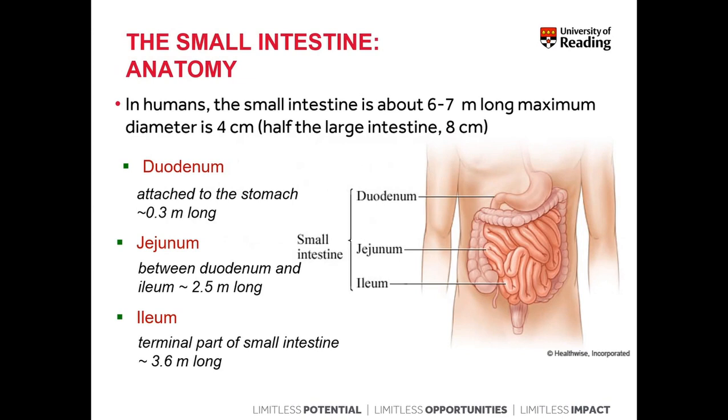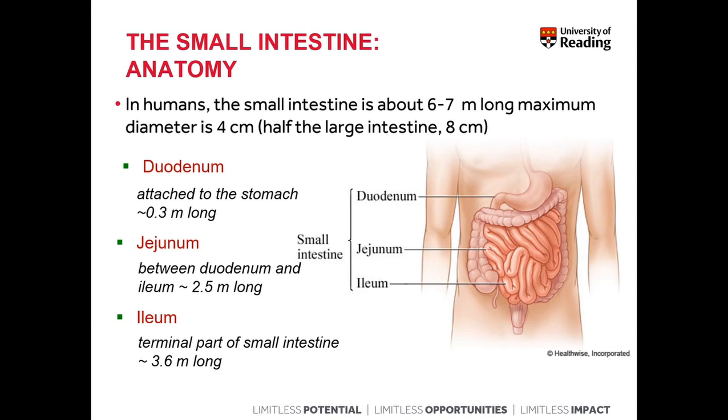So the anatomy of the small intestine is a pipe of 6-7 meters with a diameter of around 4 centimeters, which is more or less half of the diameter of the large intestine, which is around 8 centimeters. It's divided in 3 regions: the duodenum, which is the part downstream of the pylorus attached to the stomach, is around 0.3 meters long.